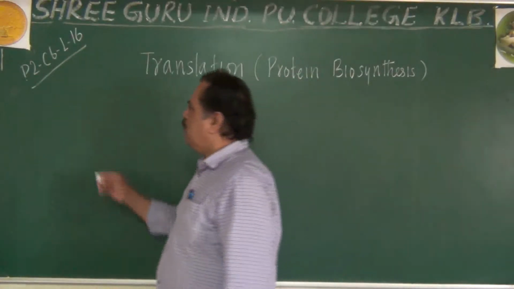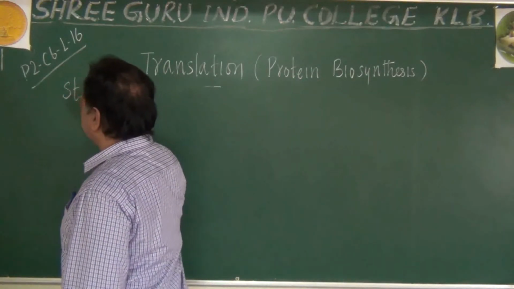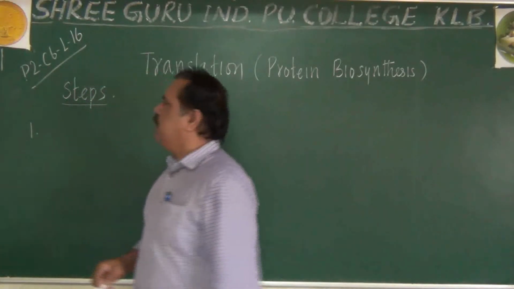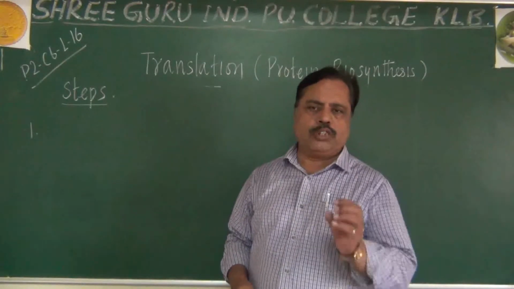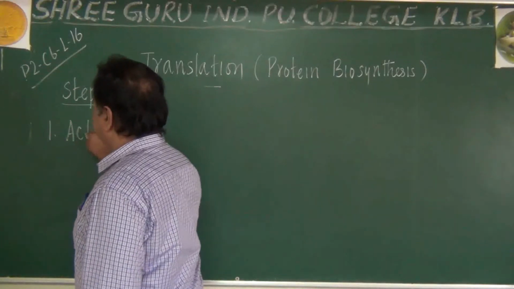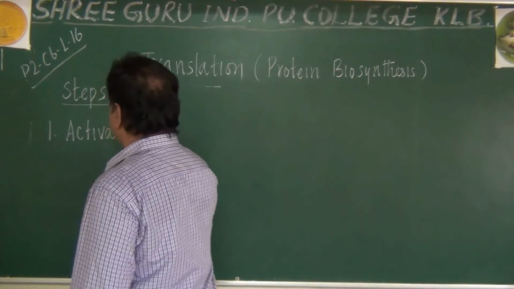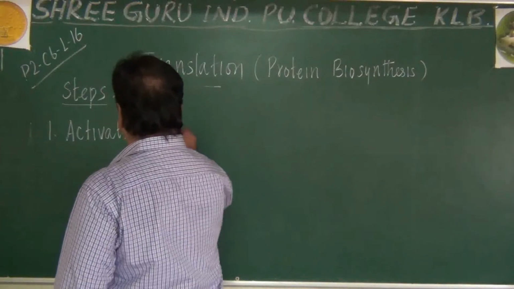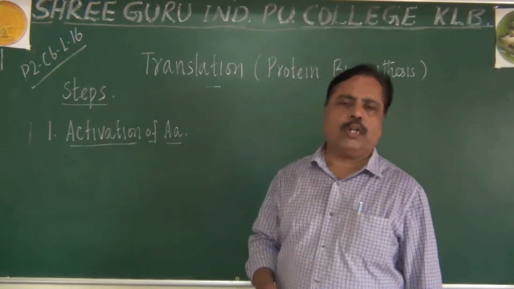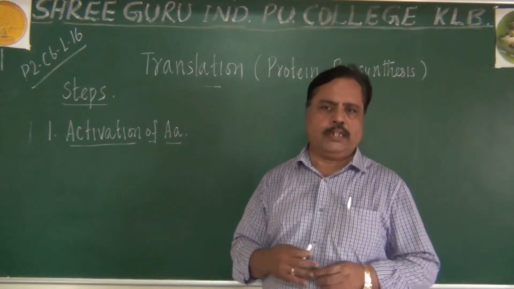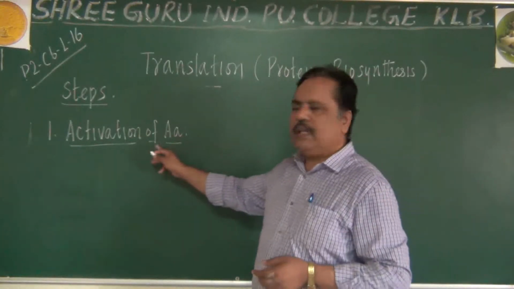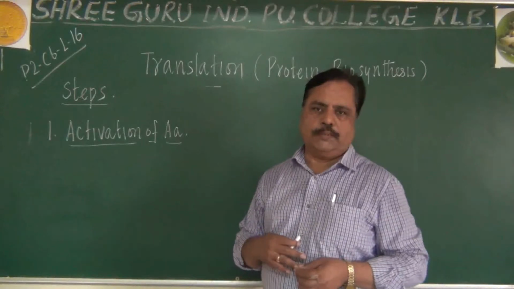Now listen, what are the steps involved in translation? There are 4 steps involved in translation, remember. The first step is called activation of amino acid. Amino acids are the raw materials, and they must be activated, made ready for protein biosynthesis.